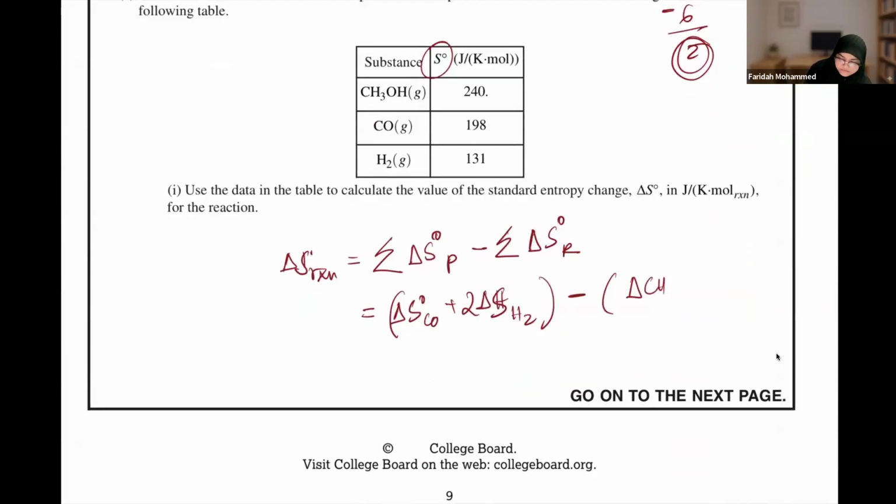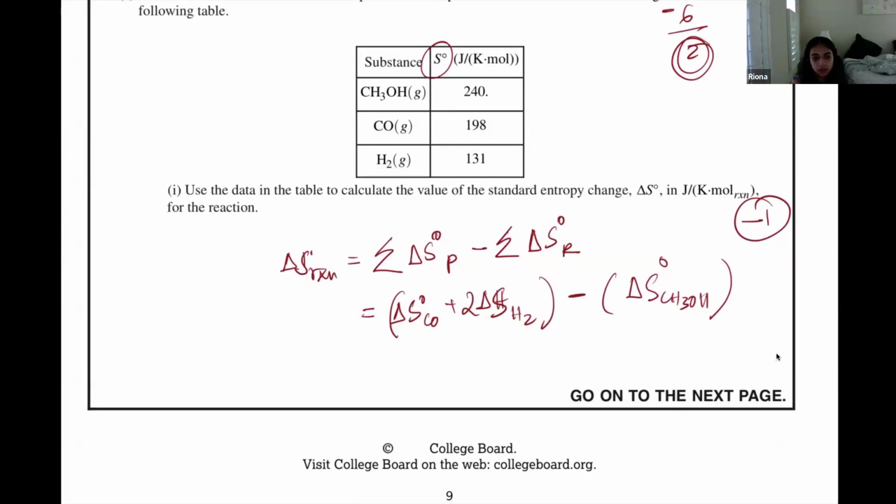If you have this, give yourself 1 point. If you miss this, just put there -1. Yeah, Rihanna? I only have the top equation. I didn't do the bottom one that you did. Do I still get a point for just writing the top one or no? No. Okay. These two are going to give you 1 point.